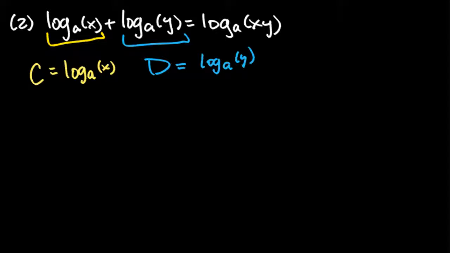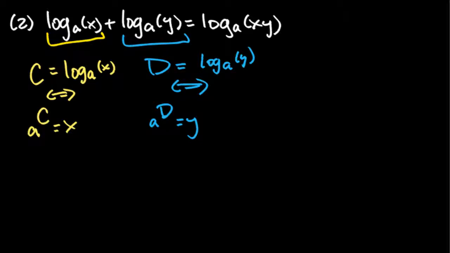Because right now all we have is 2 logarithm things and some random variable that we made up because of reasons. Well, we can always write it in exponential form. So let's try that. So remember, c is the exponent, a is the base, and then x is your destination with exponentiation. So then we can write a to the c equals x and a to the d equals y.